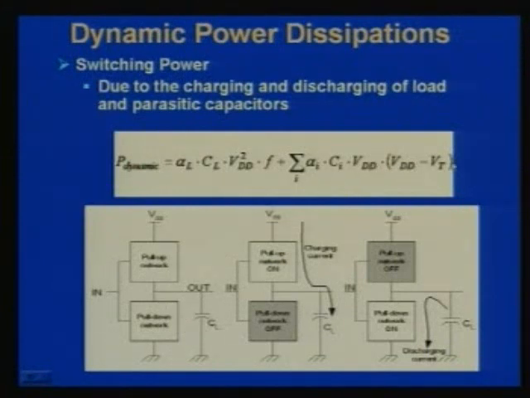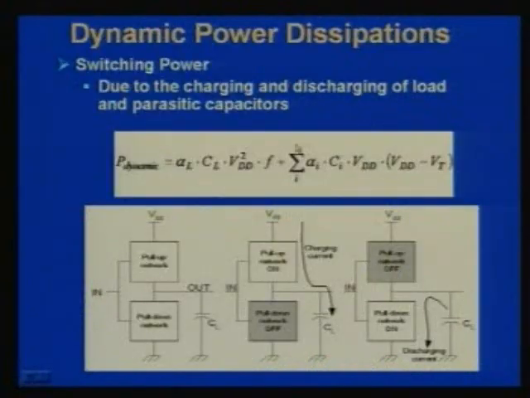And this part is actually due to power dissipation within the internal nodes. Whenever you are realizing a very complex CMOS circuit, apart from the output node, there are many internal nodes where there are capacitances. So, they will also be charged and discharged, leading to power dissipation. So, this part corresponds to the power dissipation in internal nodes.